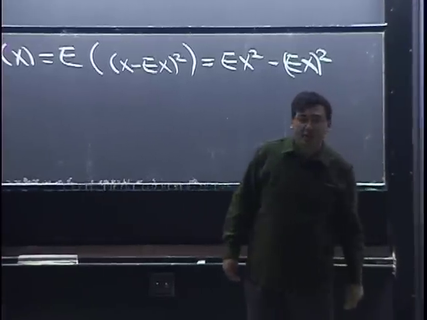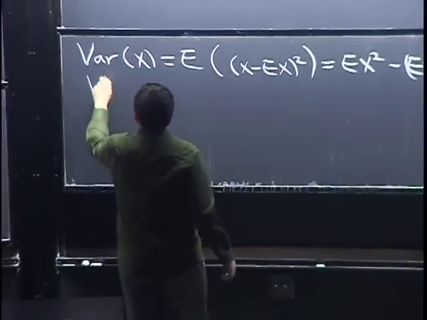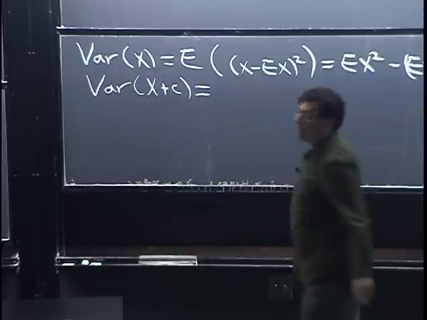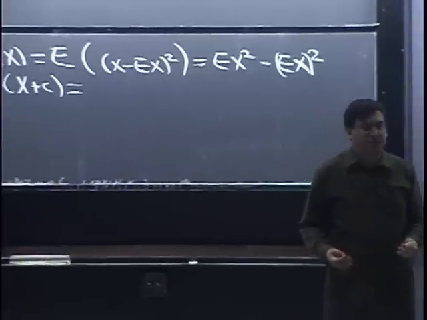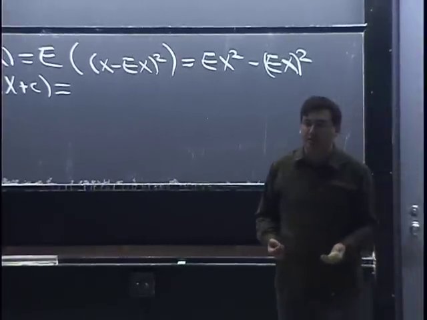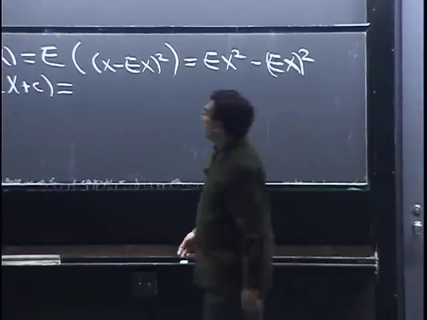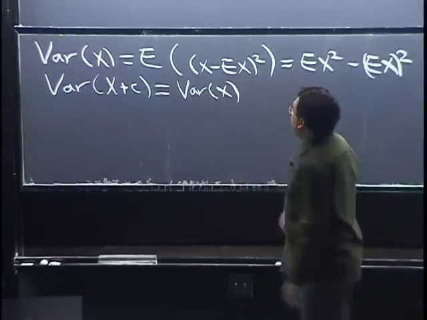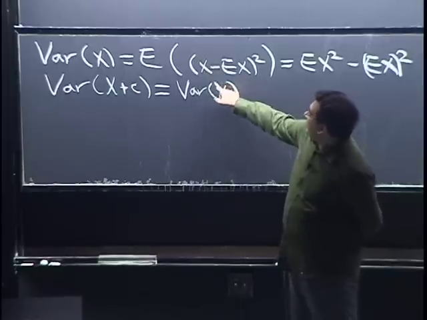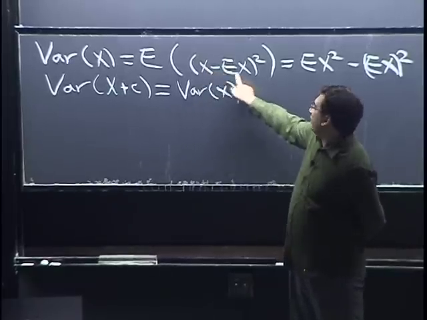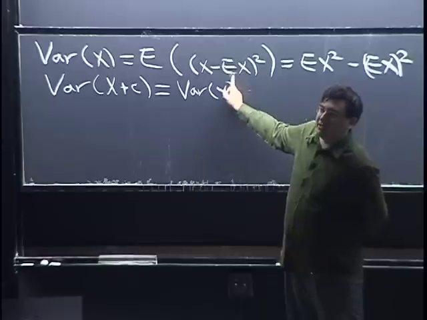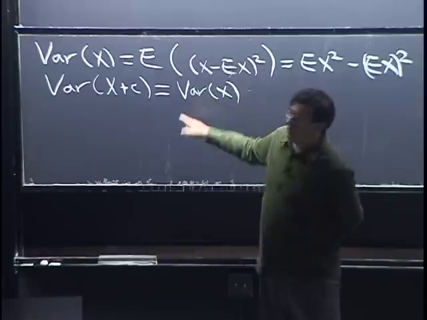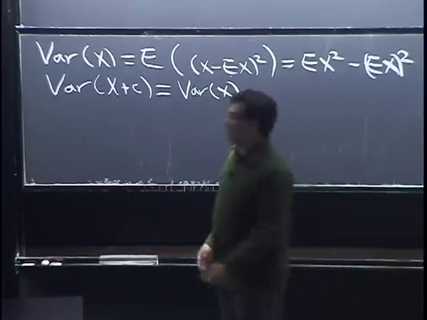Now, in particular, if we had the variance of X plus a constant, intuitively, if we just add a constant, we're not changing how variable X is, right? So that should be the same as the variance of X. And you can see that immediately from the first formula, because if you replace X by X plus c, and the mean also shifts by c by linearity, you get the exact same thing. So adding a constant has no effect on the variance.